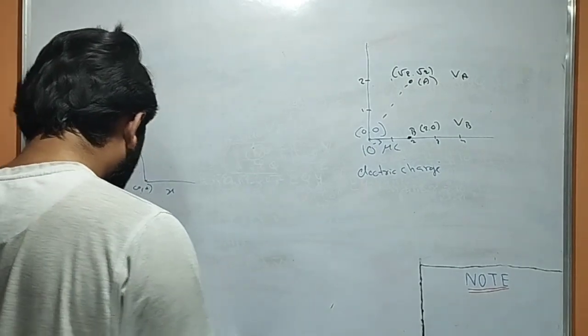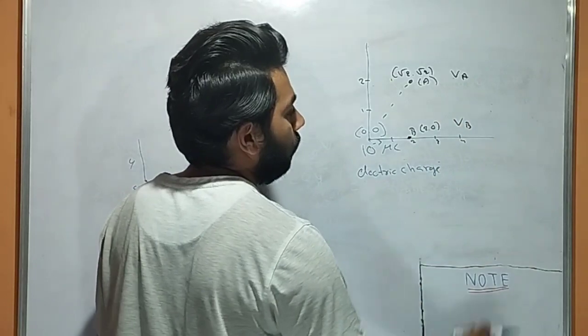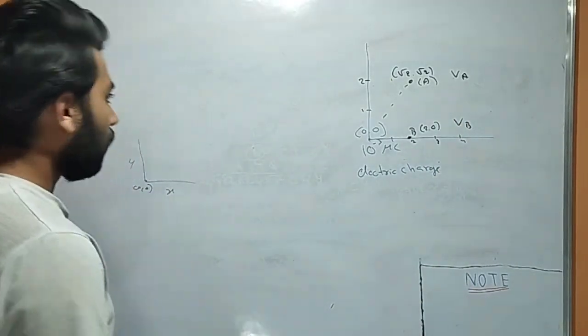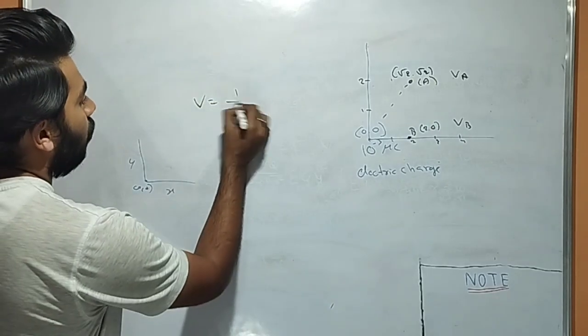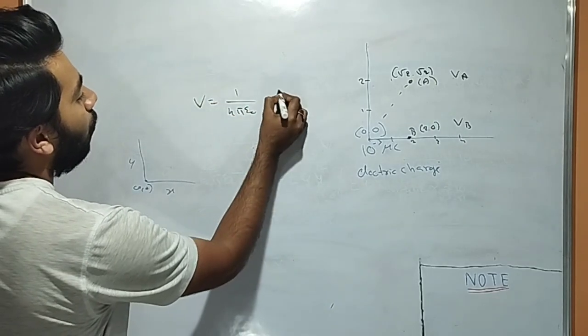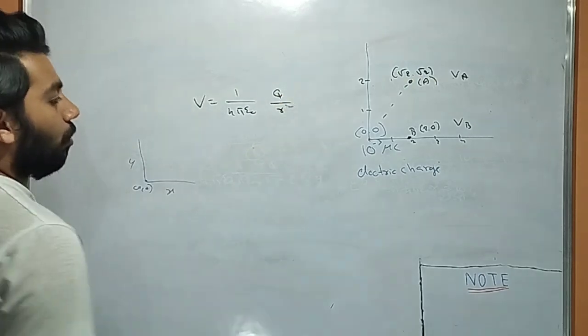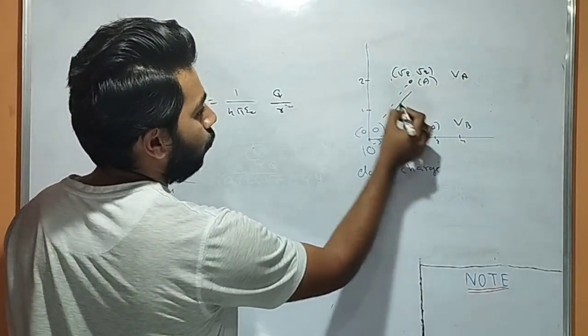How? First of all, we calculate the potential at this point and later the potential at the other point. Come on, let's calculate it. What is our formula of potential? You all know potential means 1 by 4 pi epsilon naught, q by r. For the main thing, the distance between these two is 2.